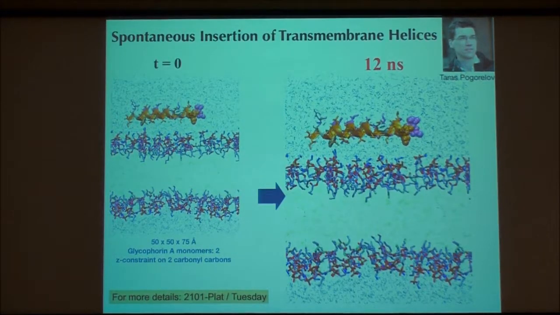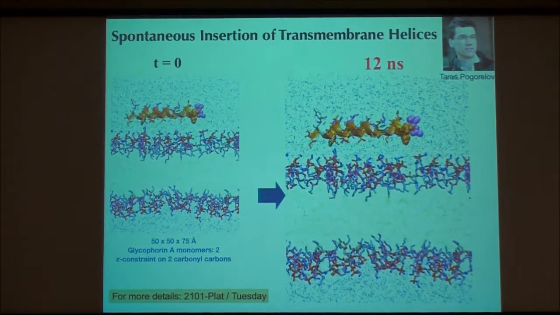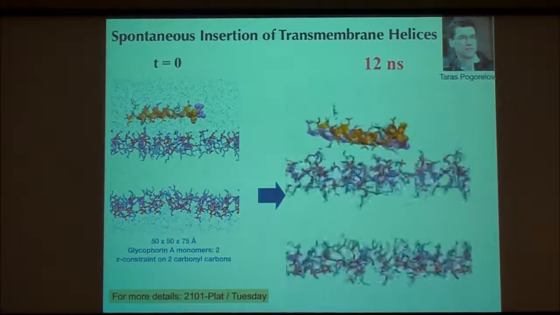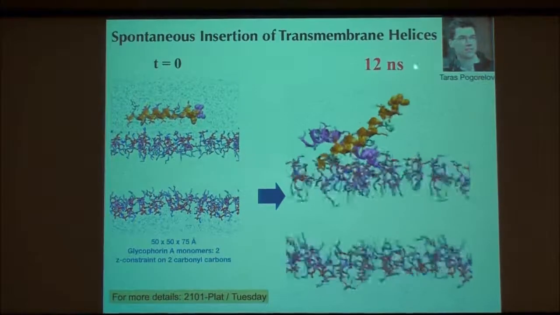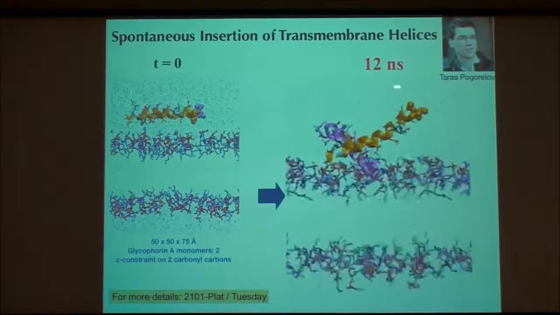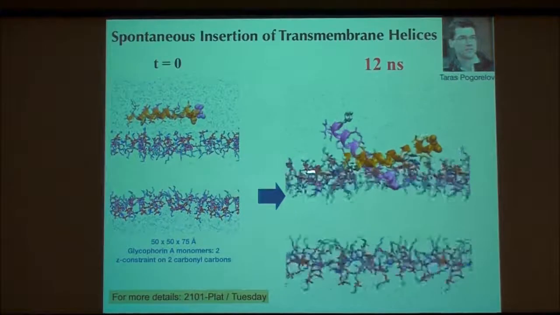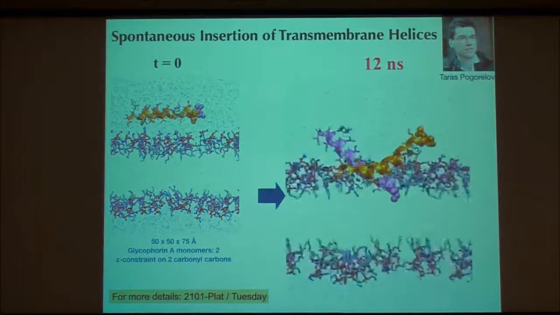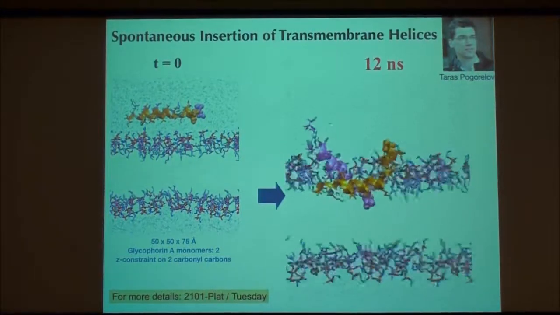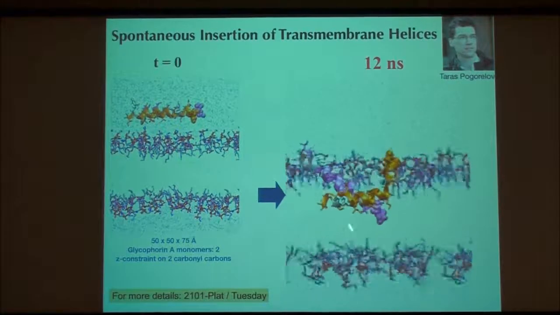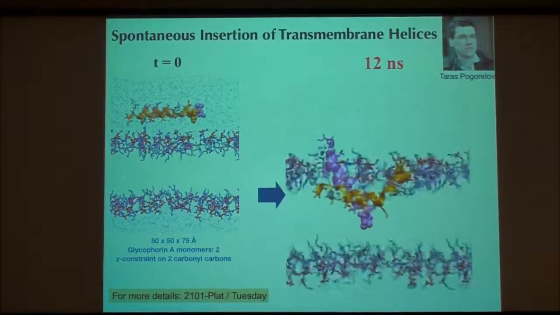The helix insertion problem that we did using coarse-grained models, I told you using atomistic simulation it would be extremely expensive. We can describe it here, but again, please pay attention to this 12 nanosecond. This is extremely fast for what we think is a fairly realistic representation of the membrane. So those copies of the helices are inserted into the membrane.